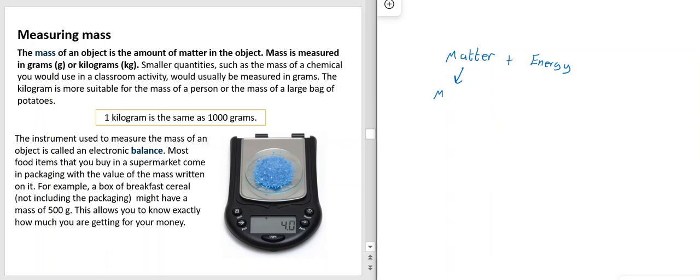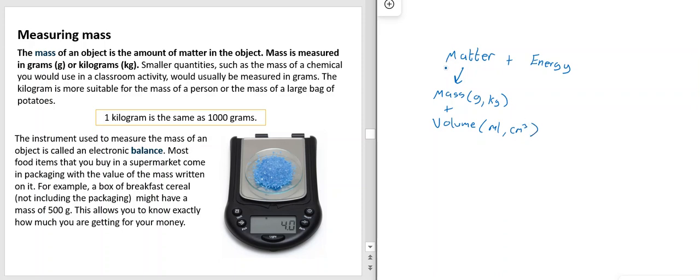It has mass, and it also occupies space, or has volume. So they're the two properties of matter. We measure mass in, for example, grams or kilograms, typically, and we measure volume in mils, and we can also measure it in cubic centimeters.